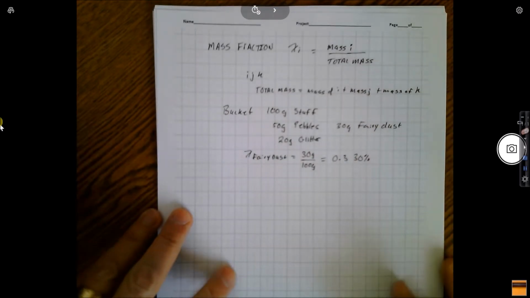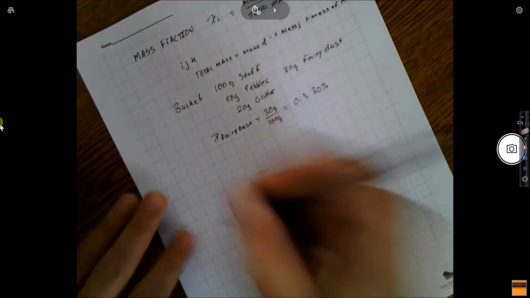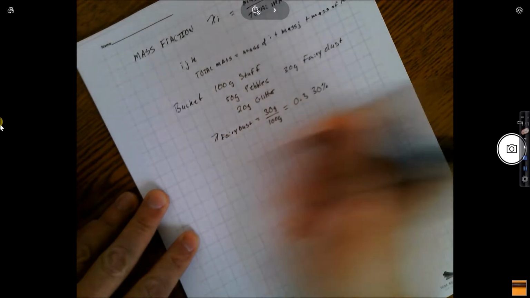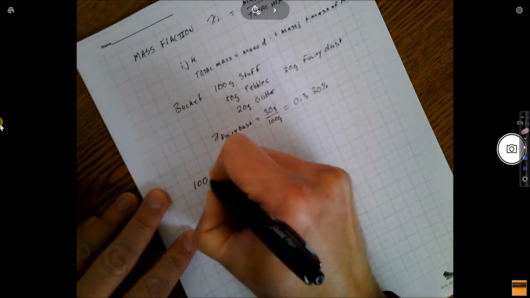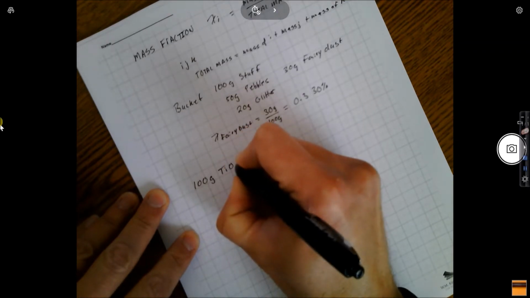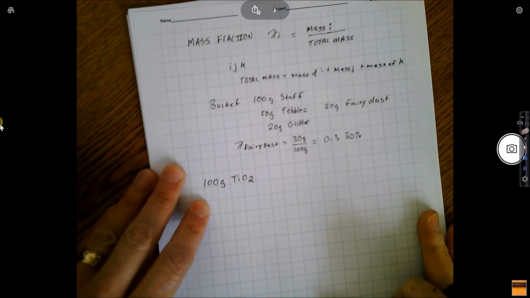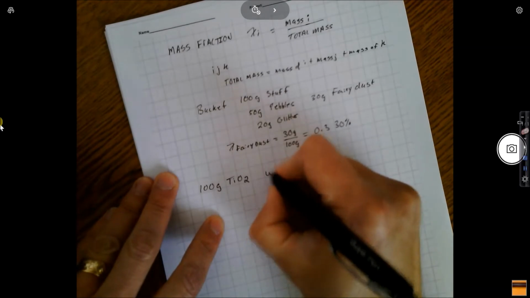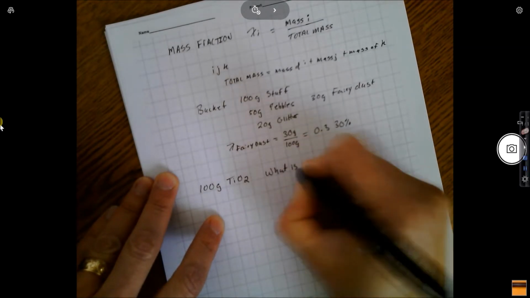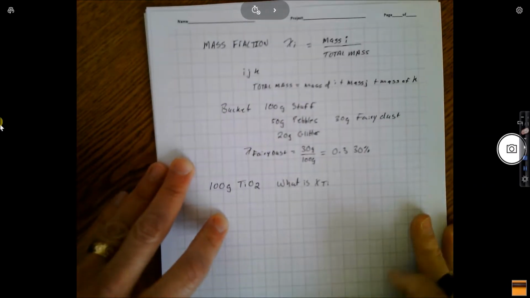So let's do a slightly more complex calculation for mass fraction. We'll go back to our titanium dioxide example. Let's say we have 100 grams of titanium dioxide, and we want to know what the mass fraction of titanium is, x sub Ti.